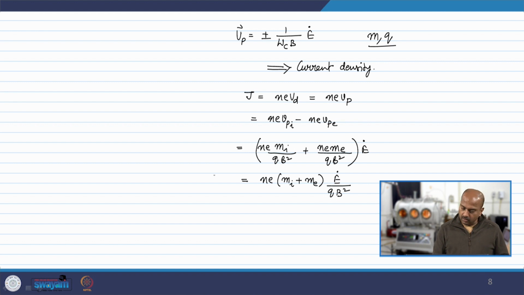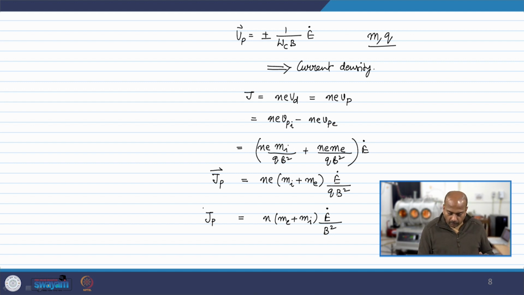What is this? This is the polarization current density Jp, or if we assume the charge to be the same, we can write N times (m e plus m i) times E dot by B square. This is equal to the current density. Okay. So, what is N?